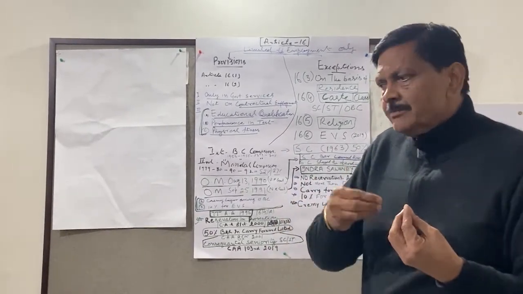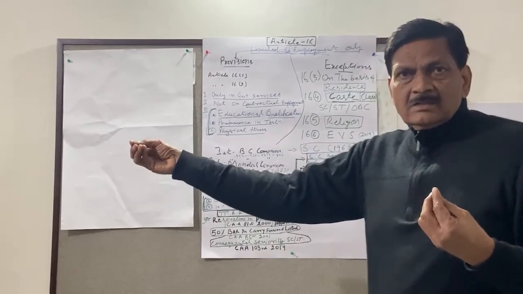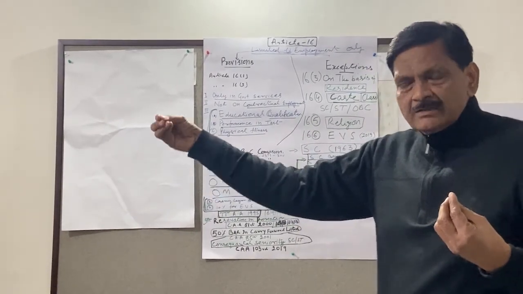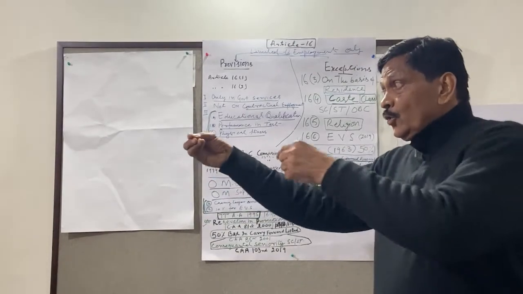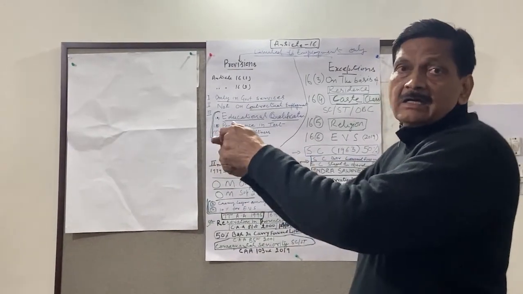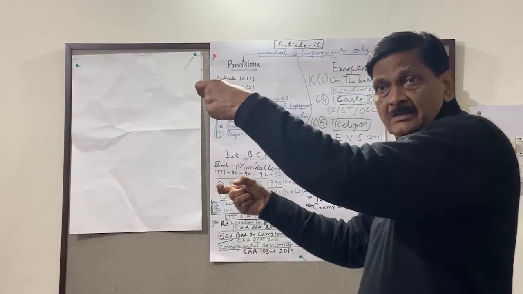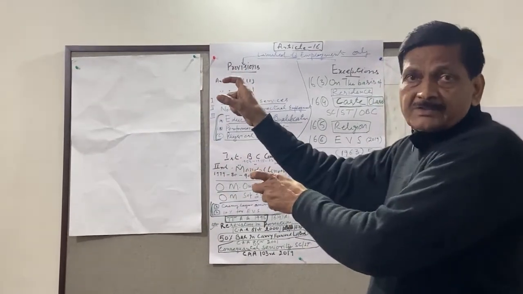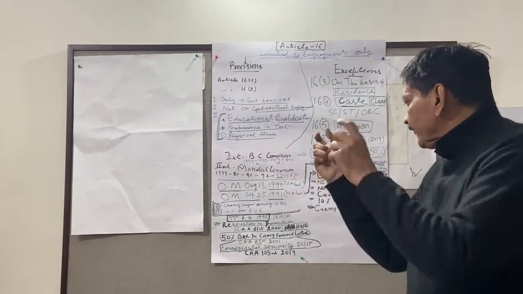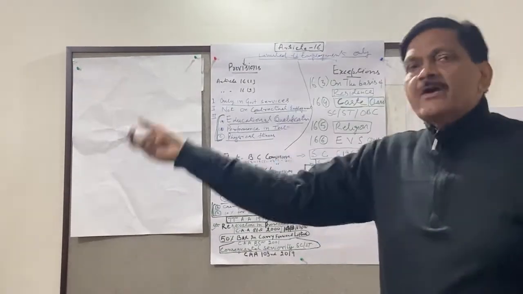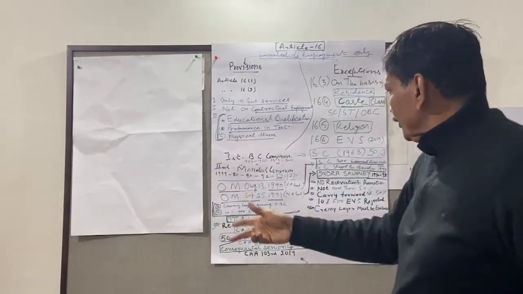So those seats will be transferred to the next session or next year. So the total of the previous and the current year should not exceed more than 50%. Okay, this is carry forward. The vacant seats are carried forward for the next appointments.